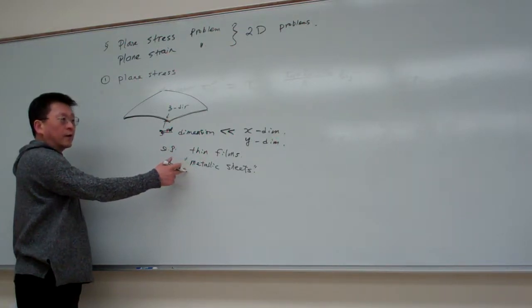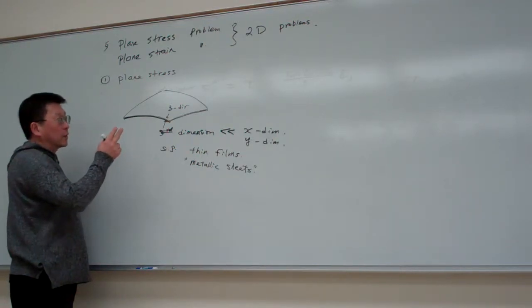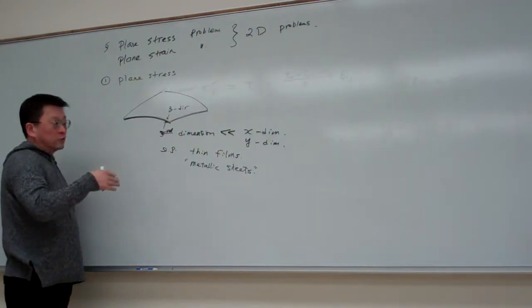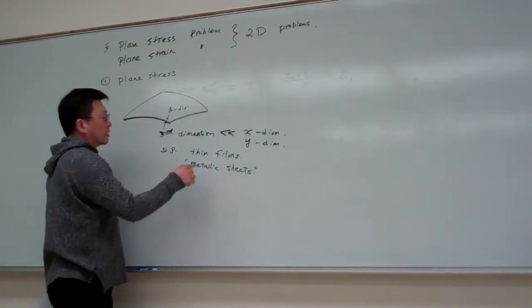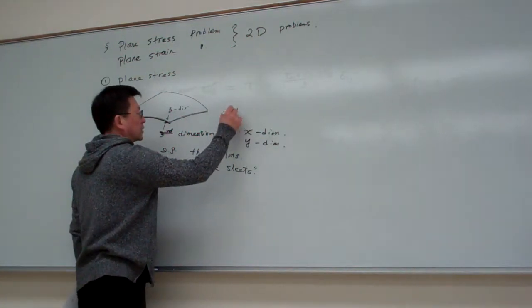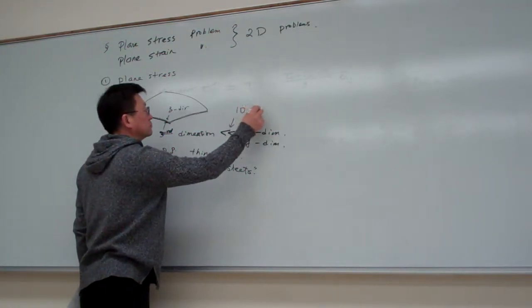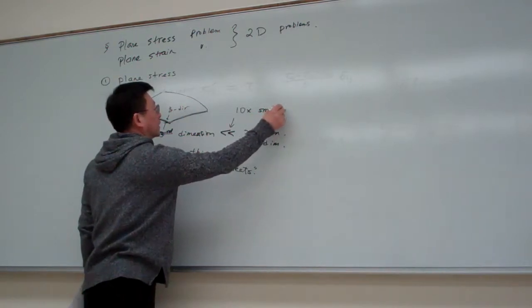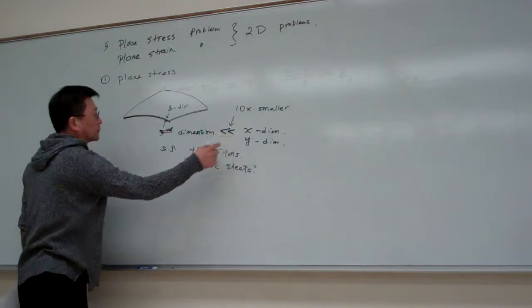They have a finite element model using a two-dimensional model to represent three-dimensional things. Here, much smaller means 10 times smaller, at least an order of magnitude smaller. That's the definition of this geometry here.